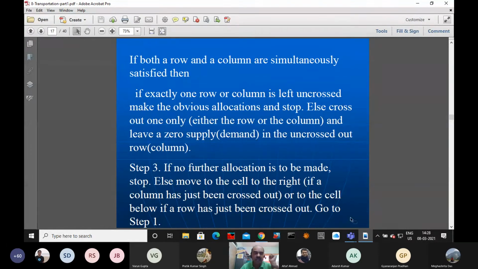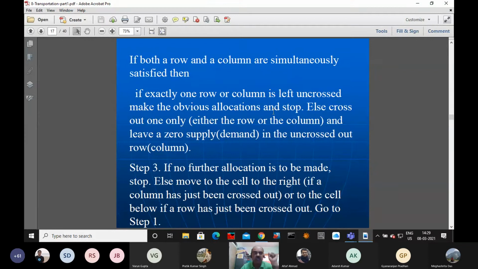If both a row and a column are simultaneously satisfied, then if exactly one row or one column is left uncrossed, make the obvious allocation and stop. Making the obvious allocation means only one, and stop.